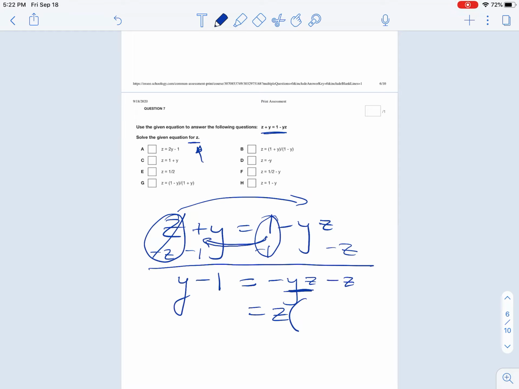And if you ask yourself the question, what do I multiply z by to get this term right here? Hopefully, in time you will say, well, negative y. You're right. And then, so we're set. This times negative y is this term here. Now, what times z is this minus z over here?